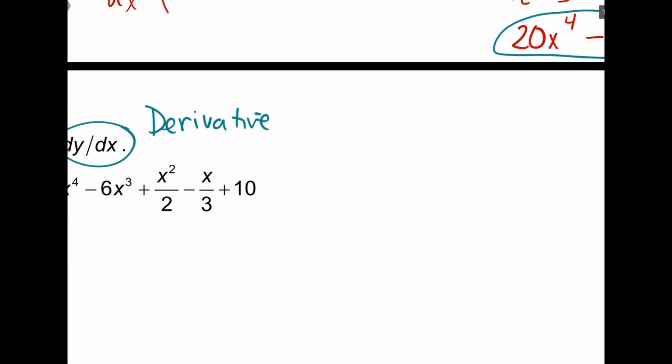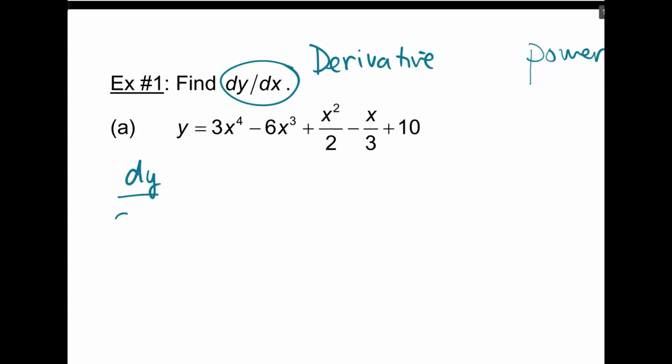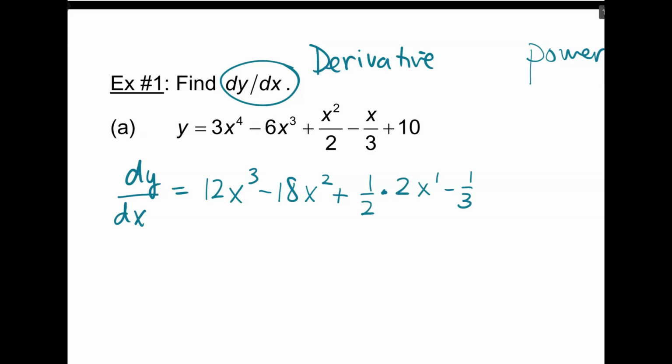So we're taking the derivative. Remember the power rule. It's literally whatever your power was times x to the power minus 1. So dy dx is going to equal 12x to the 3rd minus 18x squared. So I'm going to do this in two parts. So I have 1/2 times 2x to the first minus 1/3 times 1 plus 10.